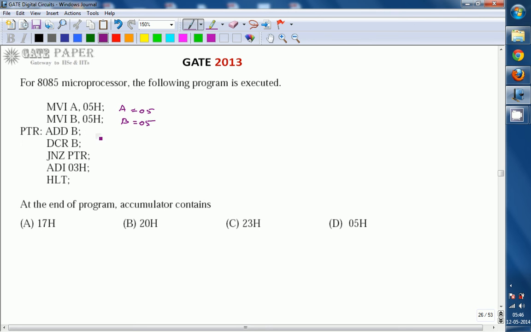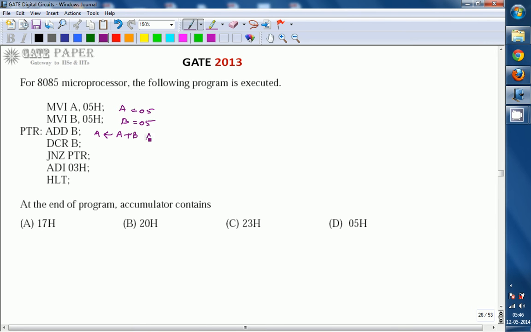Next, ADD B. This instruction adds the contents of B to the accumulator contents, and the result is loaded into the accumulator itself.